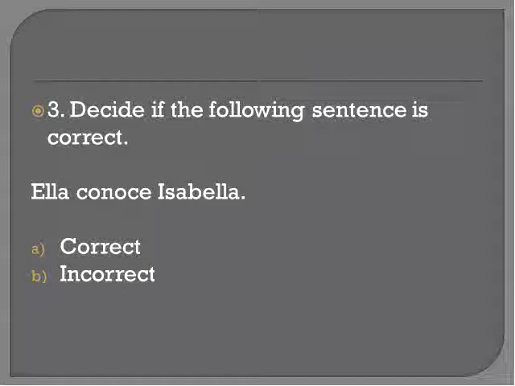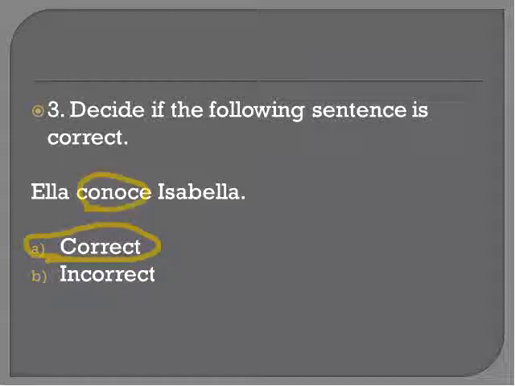Okay, ella conoce Isabela. Correct or incorrect? Correct. So what were the two? Conocer and what? What are the two words that are very similar? Conocer and? Saber. So it would be either ella conoce Isabela or ella sabe Isabela. And you guys are saying that's correct. Yes, that is correct.